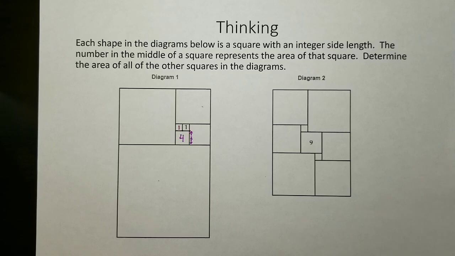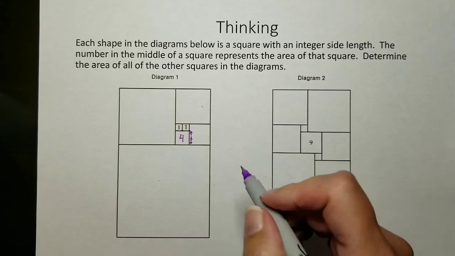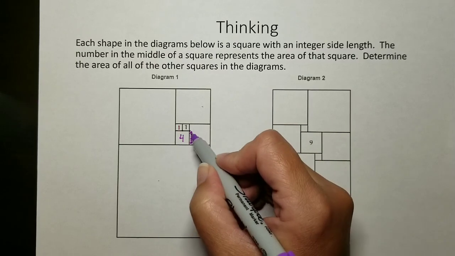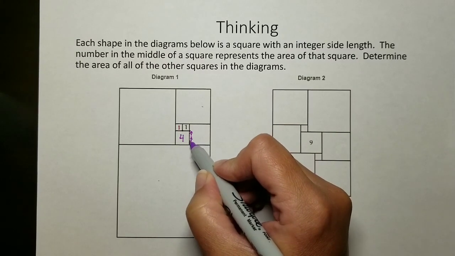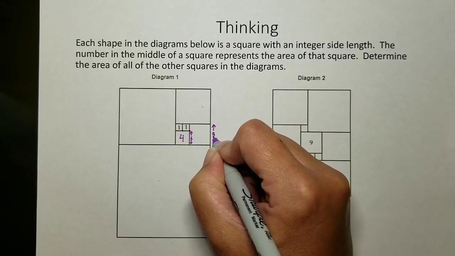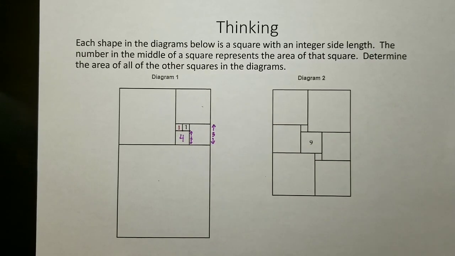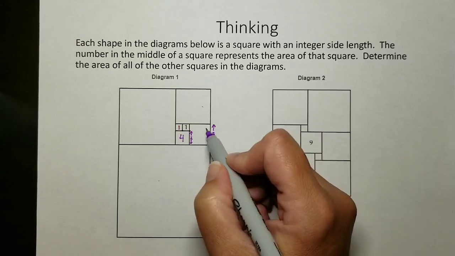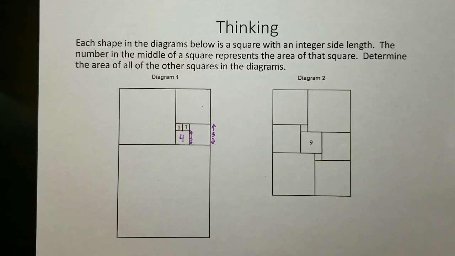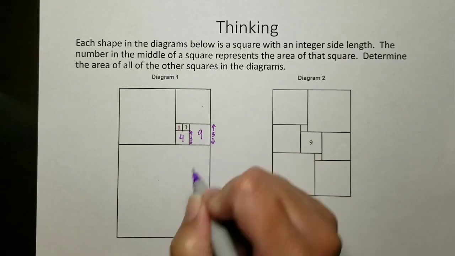And we're just going to kind of work our way outwards. This next biggest square, we've got a length of 2 there and a length of 1 up there. So this means that that side is 3, doesn't it? So if this is 3 by 3, 3 times 3 is 9.